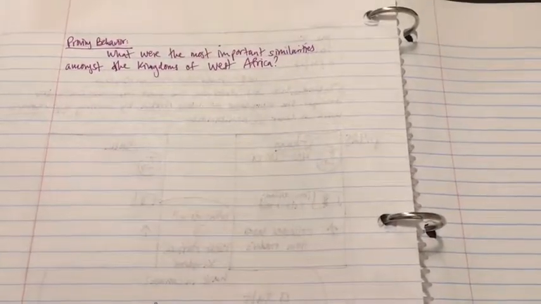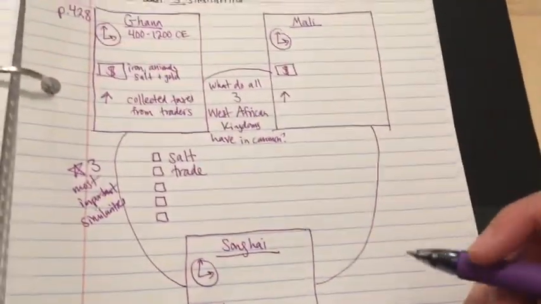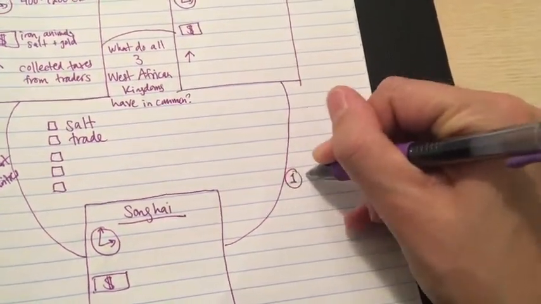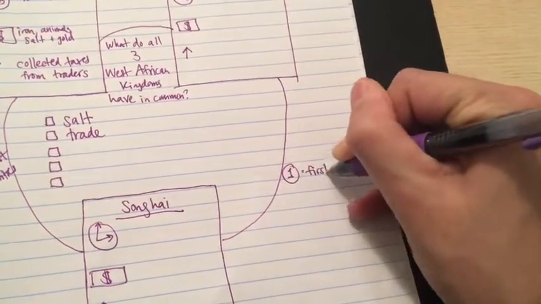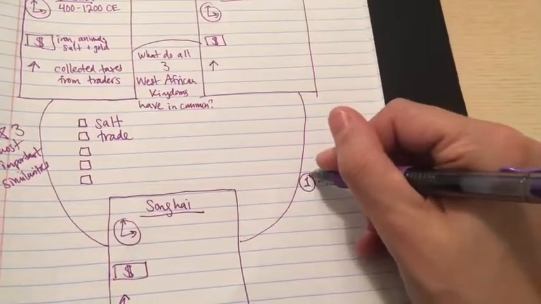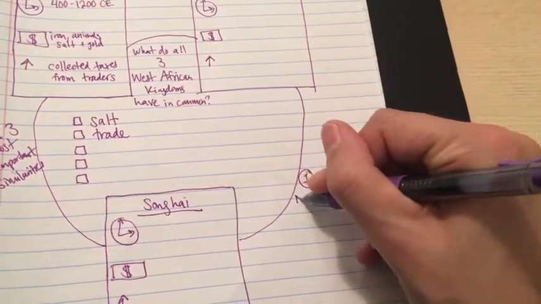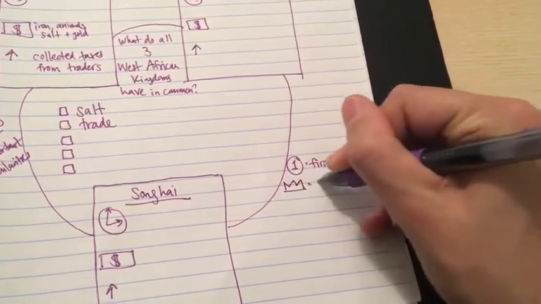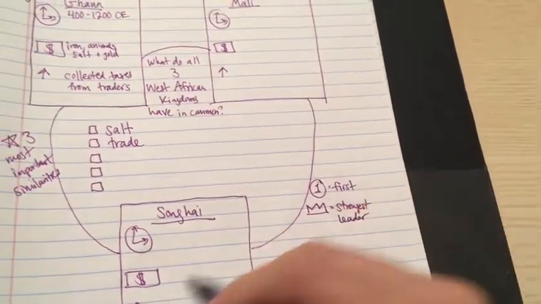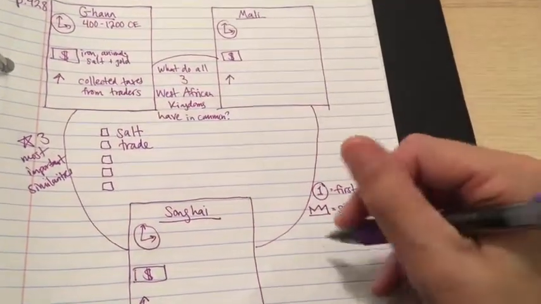Once you finish this proving behavior, you're going to want Miss Casey to check it to give you a grade for the day for your classwork. You're also going to want to take some additional notes. See if you can get a 4 by telling me what was the first kingdom. Put number 1 by which of these came first. You can also make sure that you tell me who had the strongest leader by putting a crown by which of these 3 you think had the strongest leader.